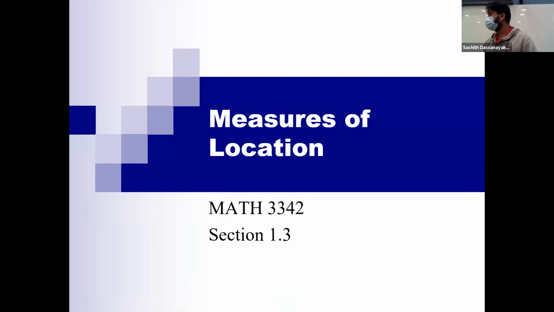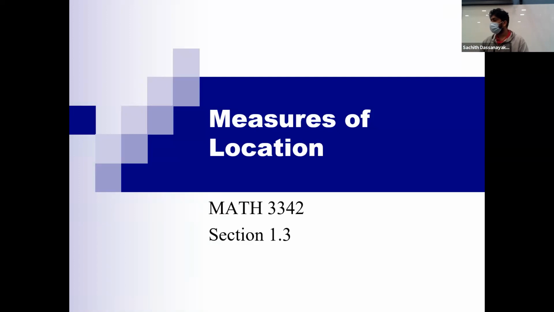Measure of location. Location normally we use to check how we deviate from the center. It is like shifting. Location parameter, we say normal parameter.